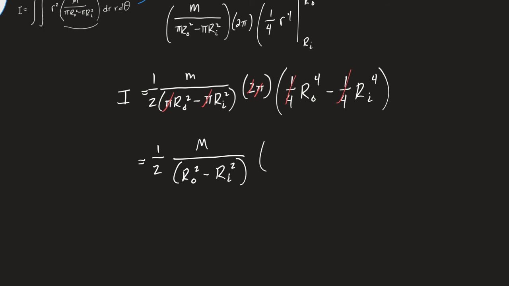All right, so r to the fourth minus r to the fourth. That's a difference of squares. So because it's a difference of squares, I can write that as r outer squared minus r inner squared times r outer squared plus r inner squared. I assume you guys know the difference of squares formula.